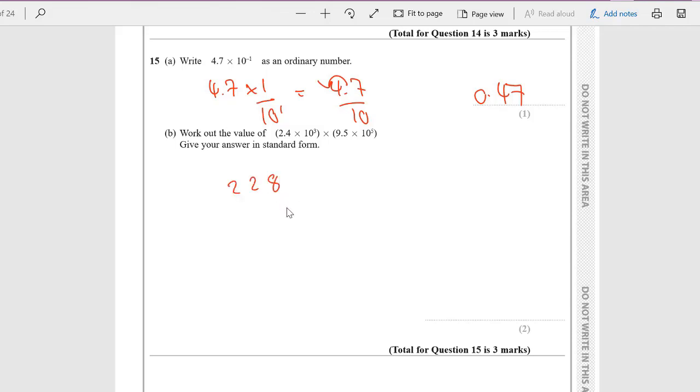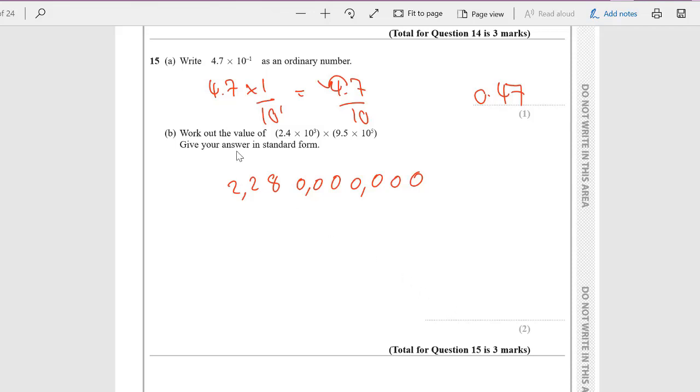So 228, and then it will be followed by 7 zeros. So 1, 2, 3, 4, 5, 6, 7. So that's 2,280,000,000.